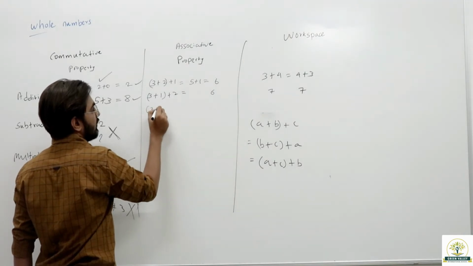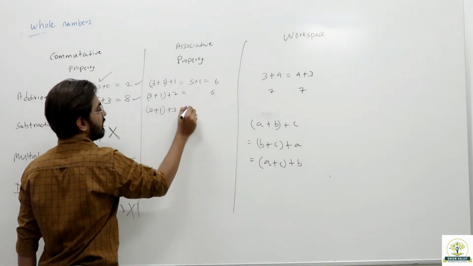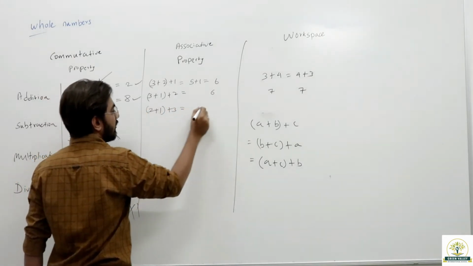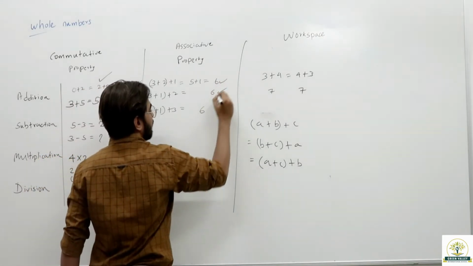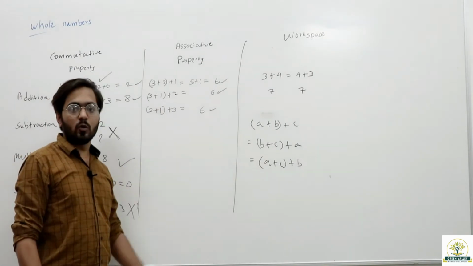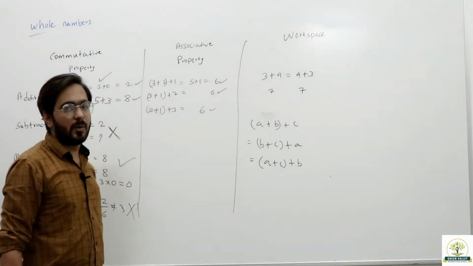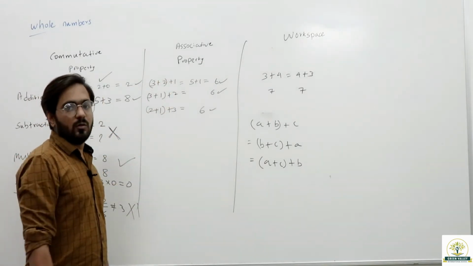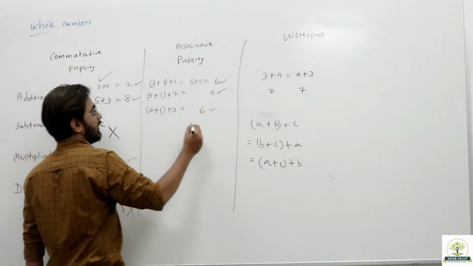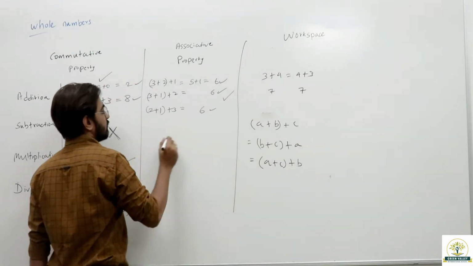If I do 2 plus 1 and then add 3, answer will still be same, because 2 plus 1 is 3, 3 plus 3 is 6. So all the answers are same for different groupings. So associative property does follow for addition for whole numbers. So it is followed by addition.